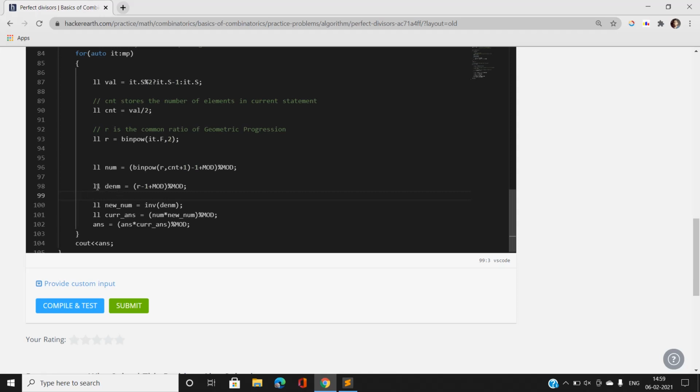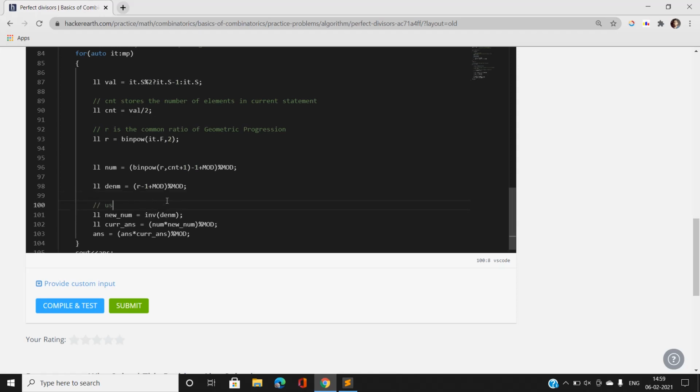So our new numerator would be the inverse of the denominator, because note that I am using modulus. Whenever we convert the denominator to a numerator, I am going to take the modular multiplicative inverse of that denominator, so that it gets easily multiplied with the numerator. Okay, so I have used the inverse function.